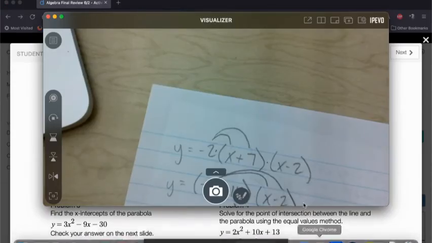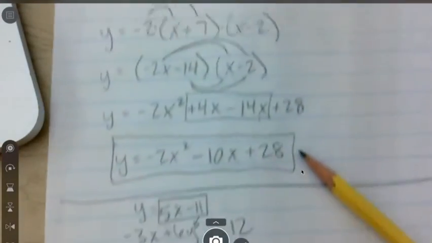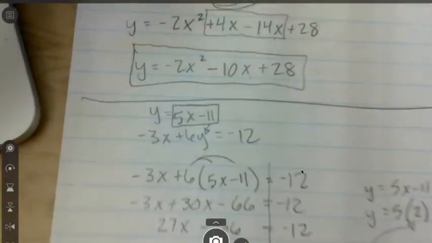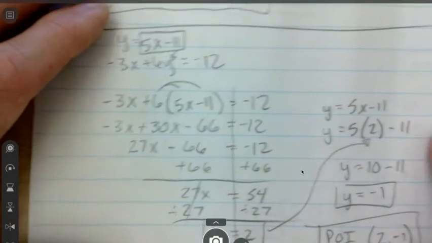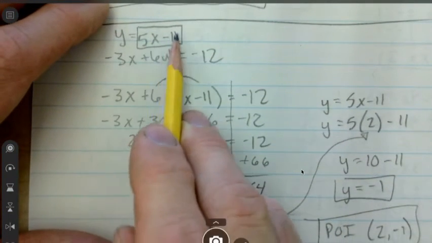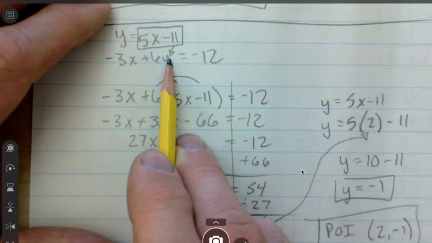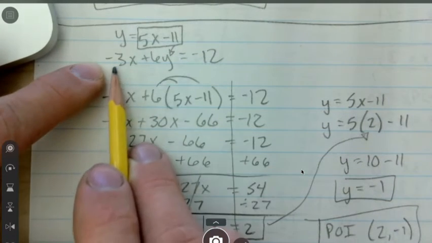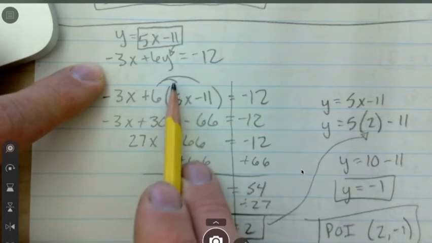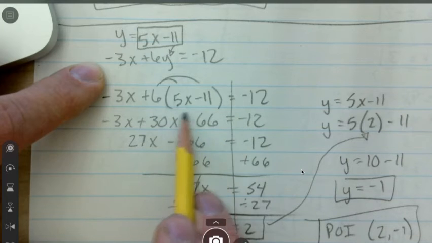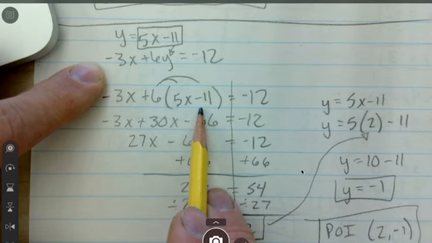So if I throw this down on paper, you can see that what we did in class was we said because y equals something, 5x minus 11 in this case, and there's a y in the other equation, we can take that other equation and rewrite it exactly except for where y used to be. Now that's replaced by 5x minus 11.